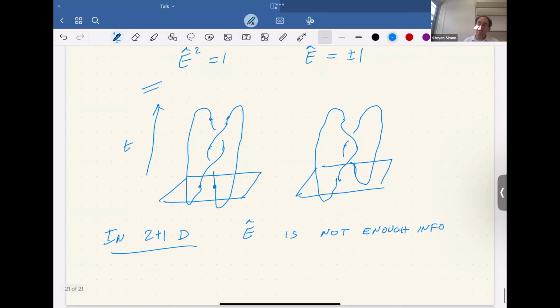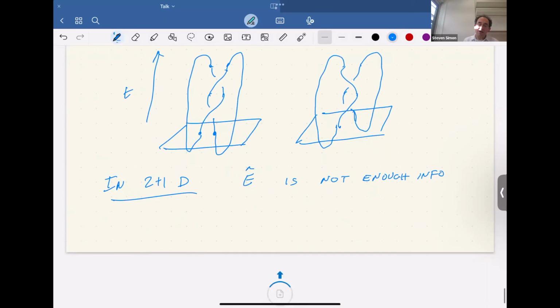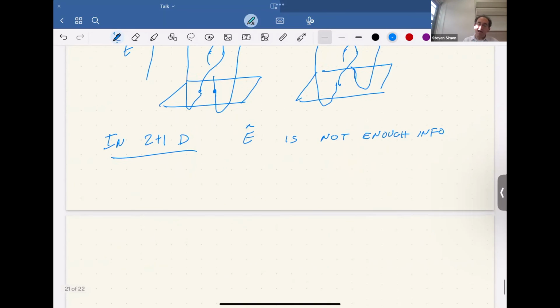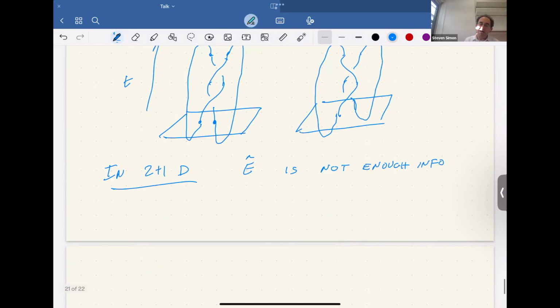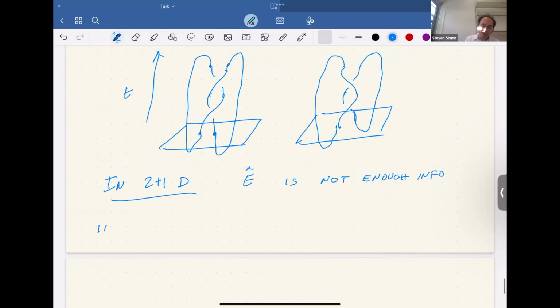Now, in 3+1D, actually exchange is enough information. And this comes from the following fact: in 3+1D, there are no knots in 1D world lines living in 4D.